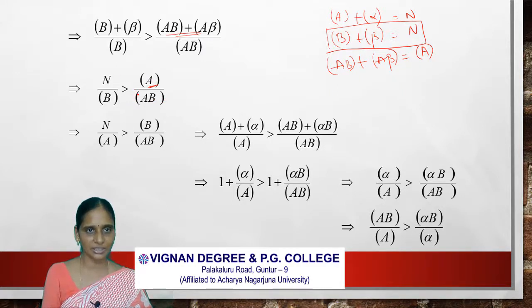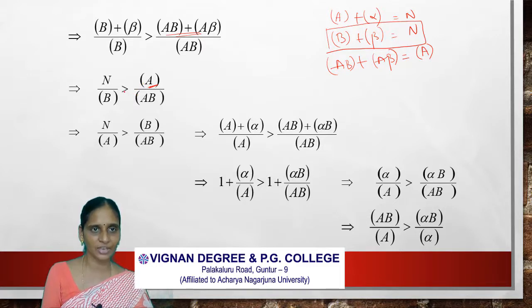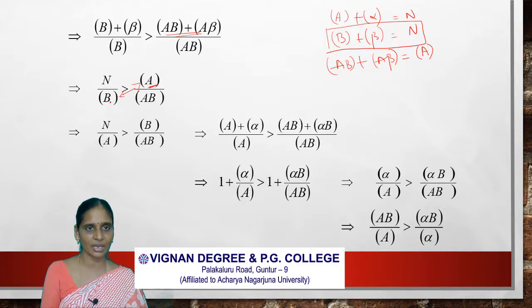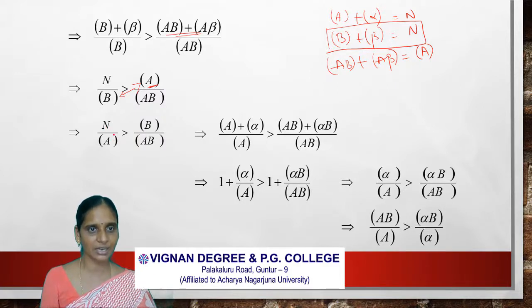Then we have to interchange the terms frequency of A and frequency of B. So then capital N divided by frequency of A greater than frequency of B divided by frequency of AB.